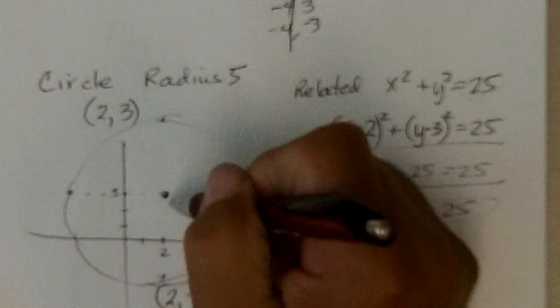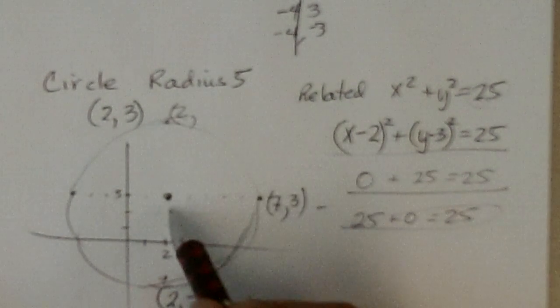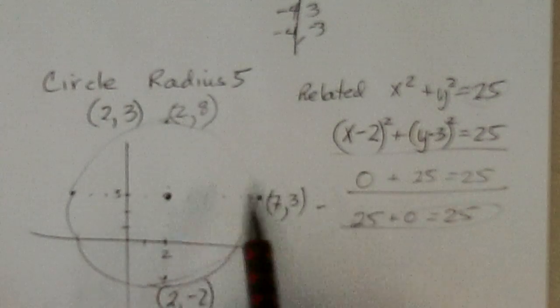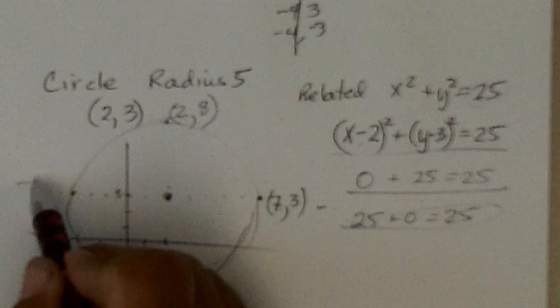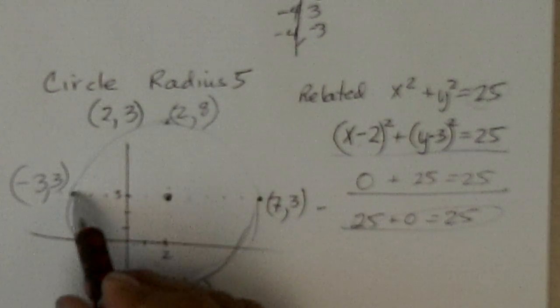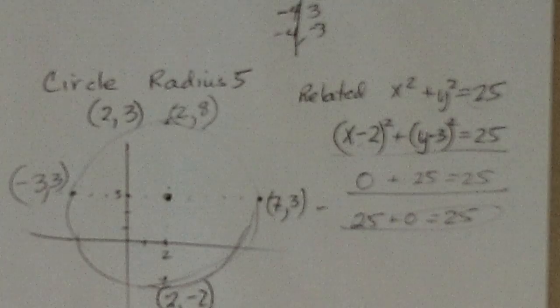And so on. This would be 2 over, and up 3 plus 5 more is 8. And that should work in this equation. And so should minus 3, 3. And those are points on the circle, and there are other points that would work in there.